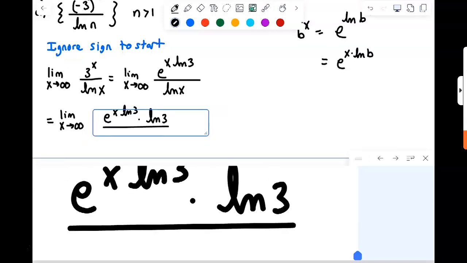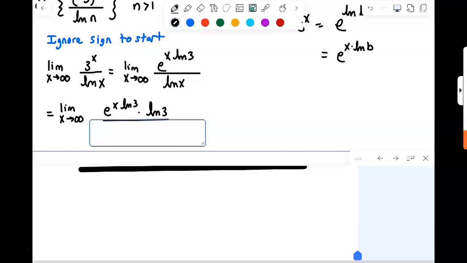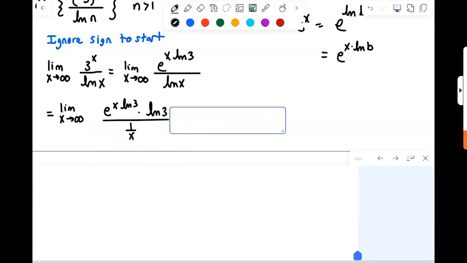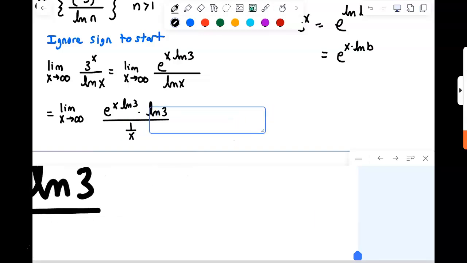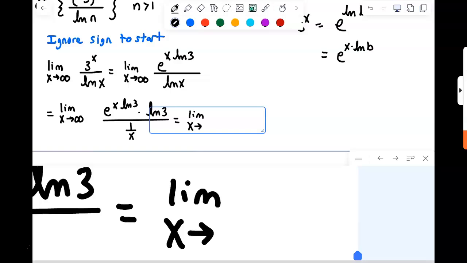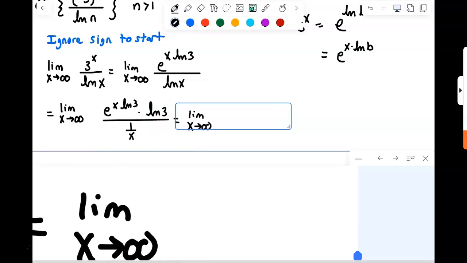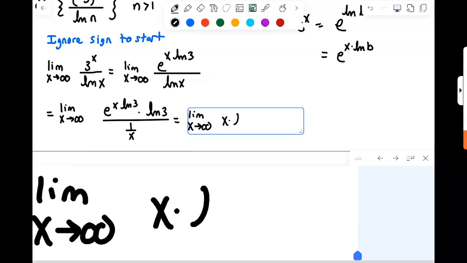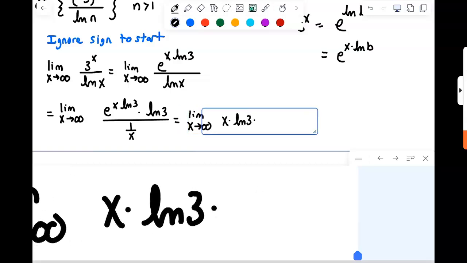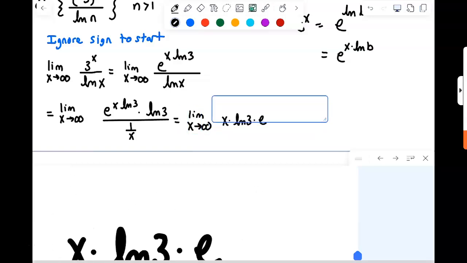All of that is over the derivative of ln of x, which is 1 over x. So cleaning this up, we have limit as x goes to infinity of x times the ln of 3 times e to the x ln of 3.